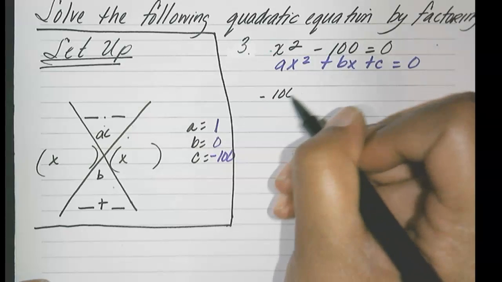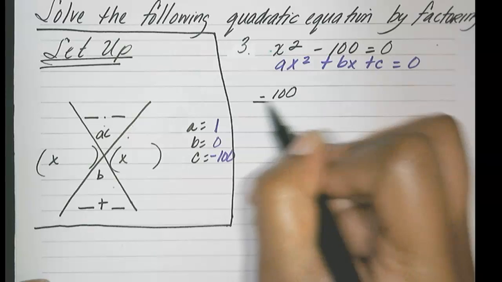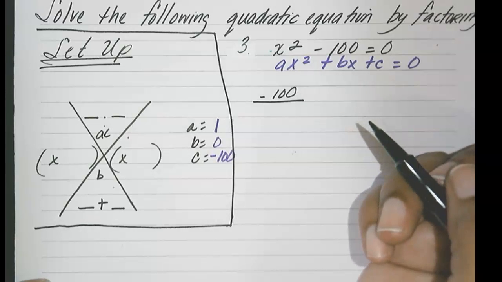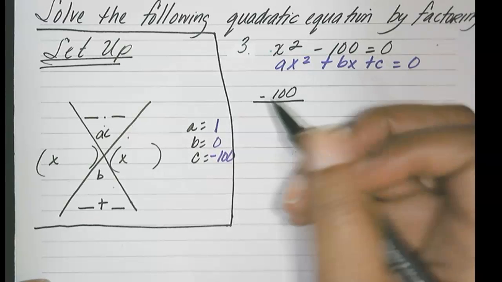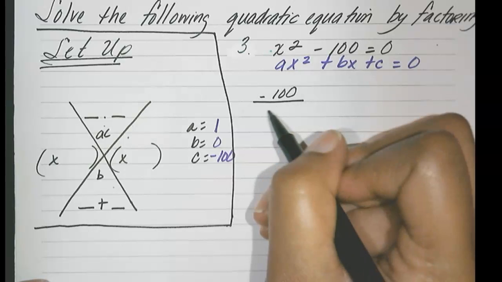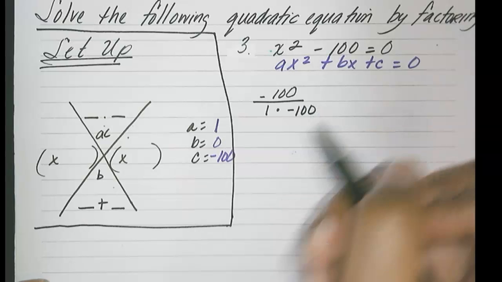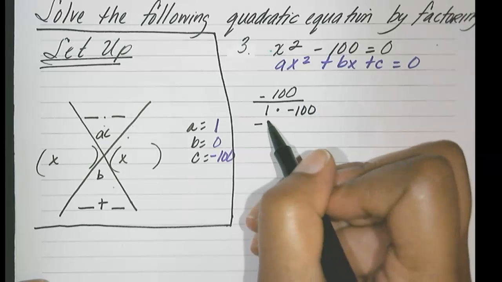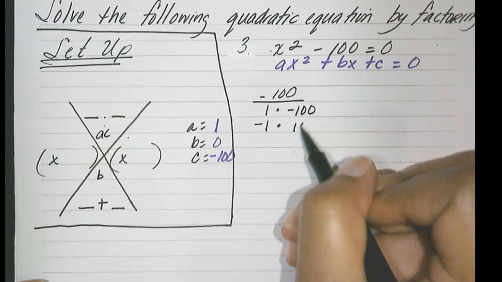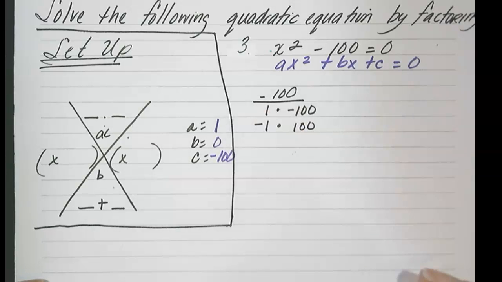Okay, let's get started. Now, with a negative 100, sometimes we got to deal with negatives. I'm gonna exaggerate this a little bit just to make sure we're on the same page. I can multiply 1 times a negative 100, or I can multiply negative 1 times a positive 100 and get a negative 100. You with me?